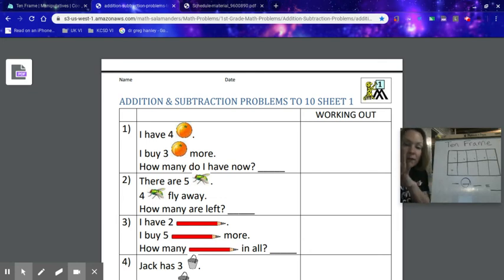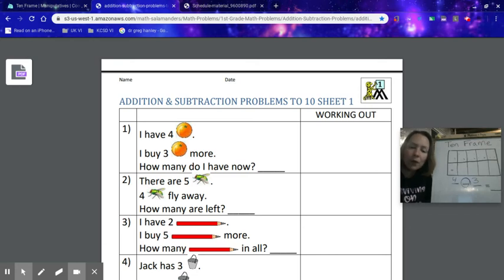I have 4 oranges. Well, that's my first number. Good. I buy 3 more. There's my second number. Now we need to figure out, are we adding or subtracting? So the question is, how many do I have now? We're going to look for a key word within the word problem to help us decide if we're adding or subtracting.